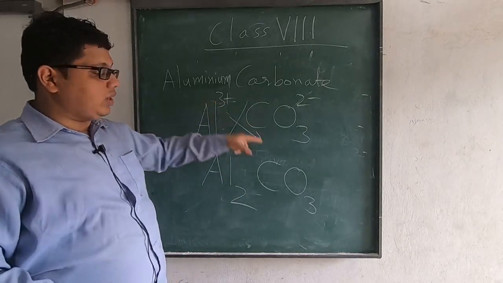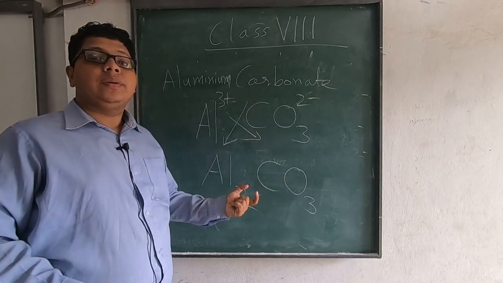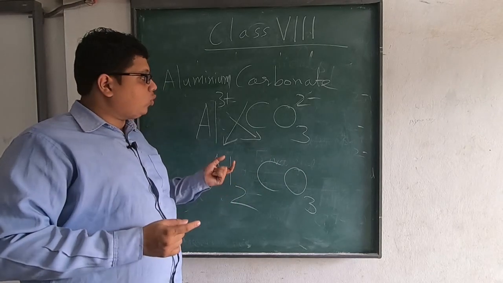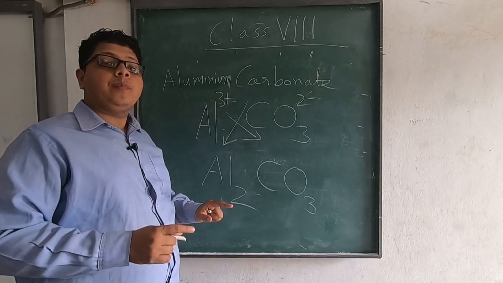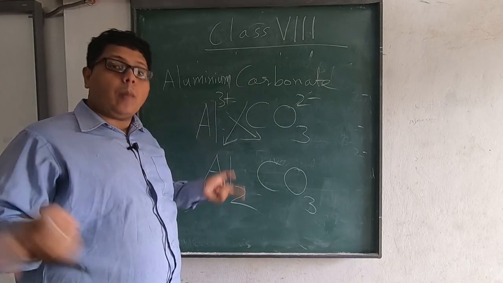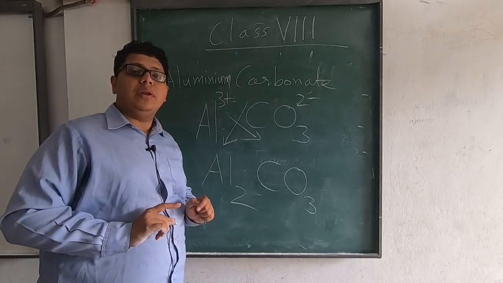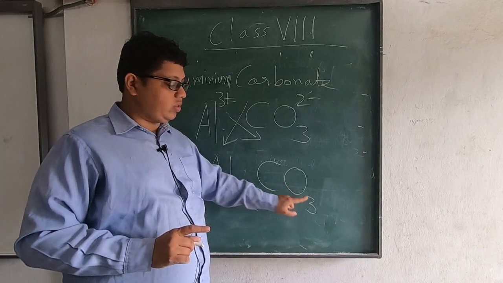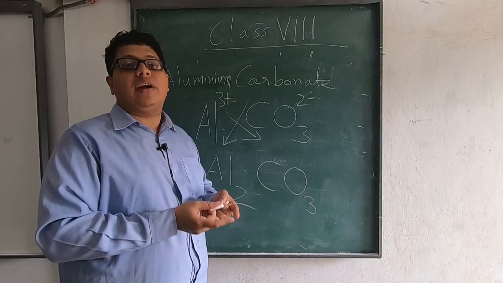So what will happen, this 3 will come down here, but CO3 is already a group of atoms, okay, group of atoms. It is not only a basic radical, acidic radical, but it is also a compound radical, okay, or polyatomic radical. What does that mean? Means that it is a group of atoms. Here you can see CO3. It is not simply carbon or simply oxygen, it is a group of atoms.